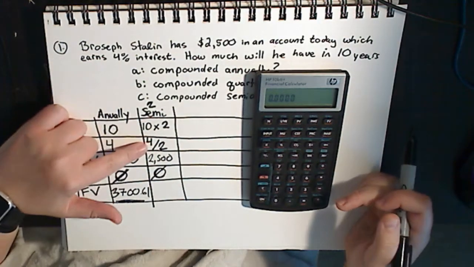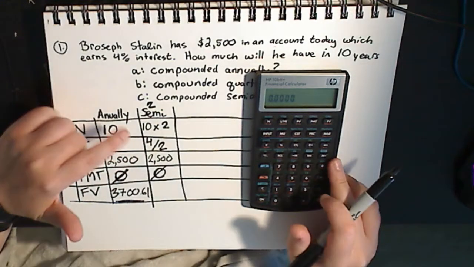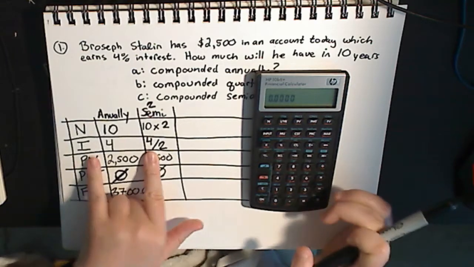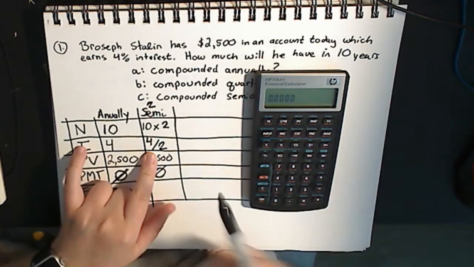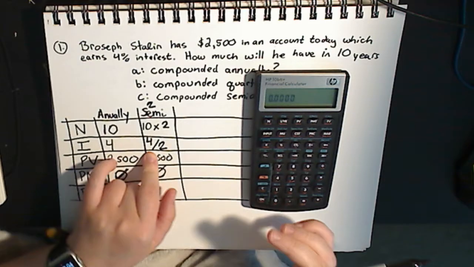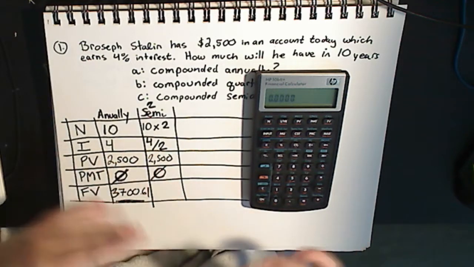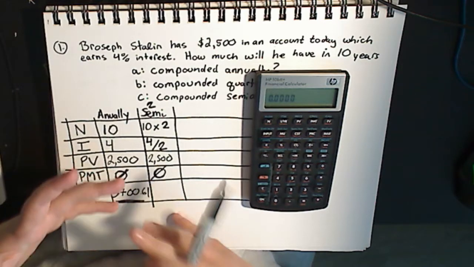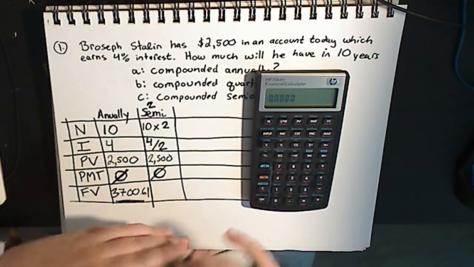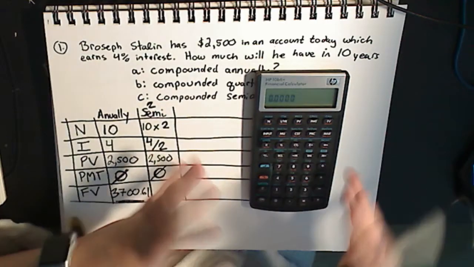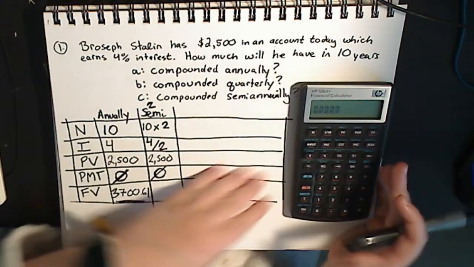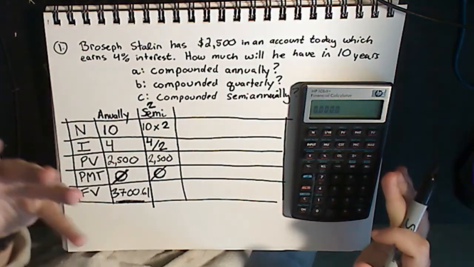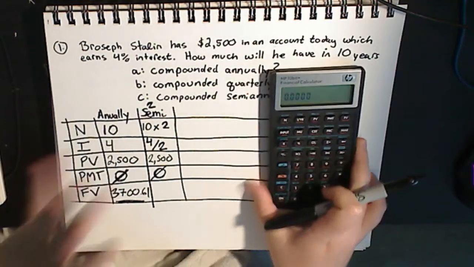But I'm trying to get into the habit of letting the calculator do it, because sometimes you're going to be dividing by some weird things and getting some repeating decimals. So rather than getting something like a third and then putting 1.333, you let the calculator do it and it'll kind of preserve the integrity. You'll only be off a couple dollars or a couple cents, nothing really material, but it's a good habit to get into.